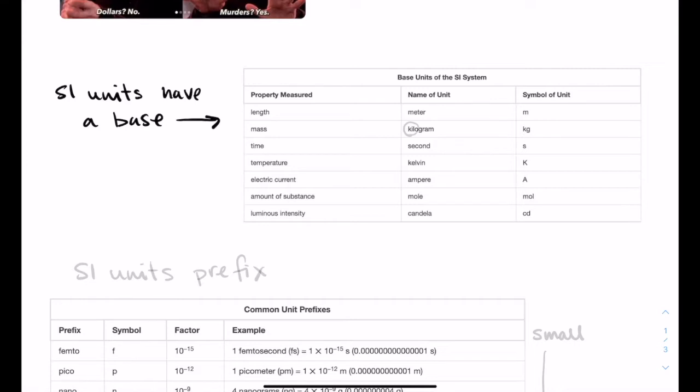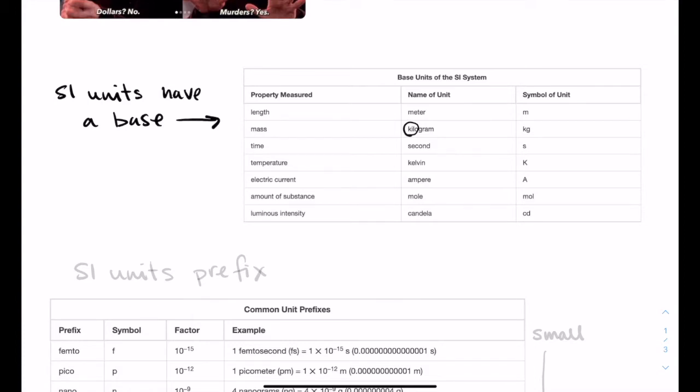And that's what's being shown in this table here. If we want to talk about length, the unit that we're basing this on is a meter. If we want to talk about mass, the unit we're basing this on is a kilogram, which actually has this other piece in it, which is the prefix.